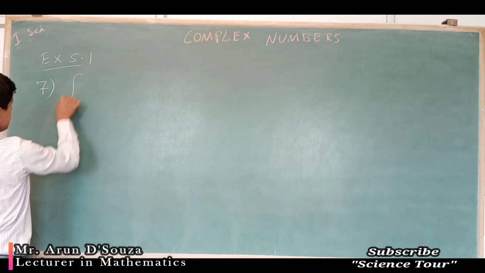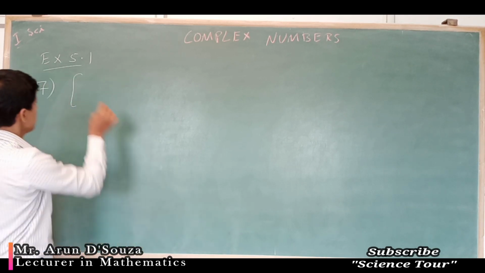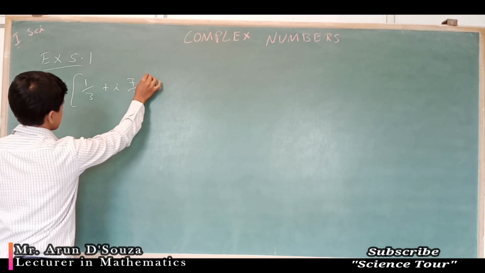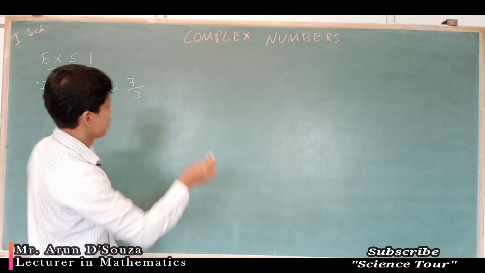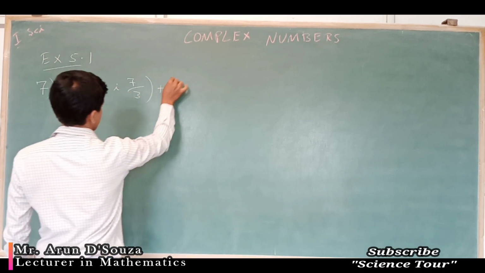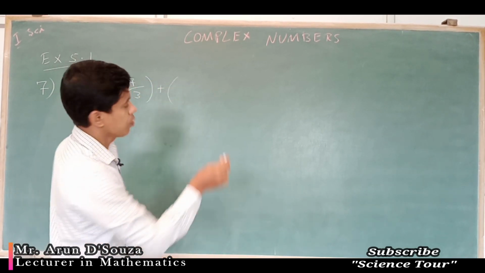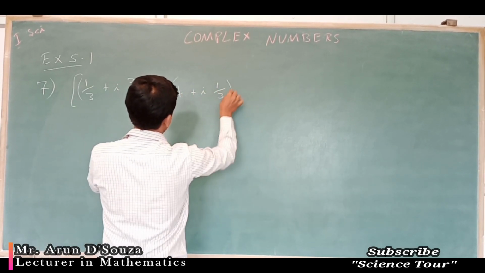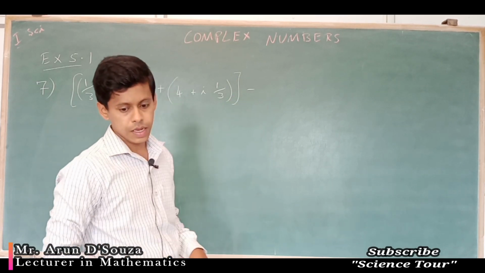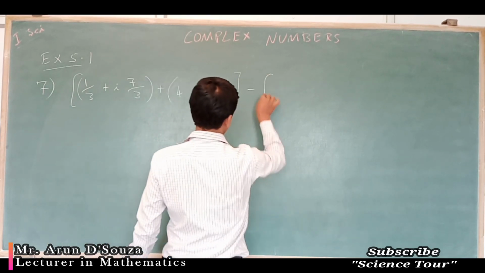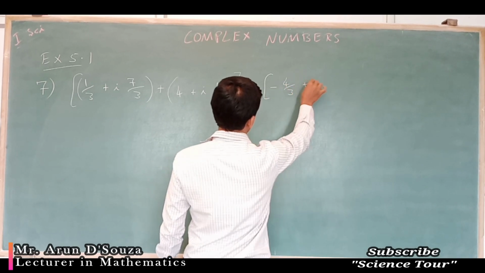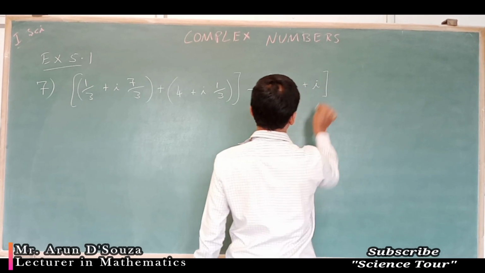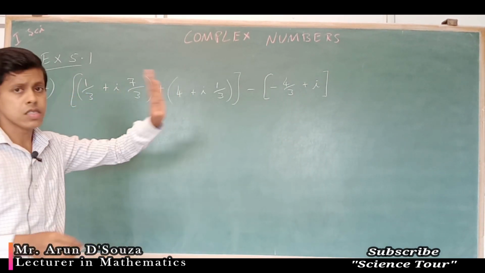The question goes like this: you have 1 by 3 plus i into 7 by 3, plus 4 plus i into 1 by 3, then minus 4 by 3 plus i. So this is the question that we have.